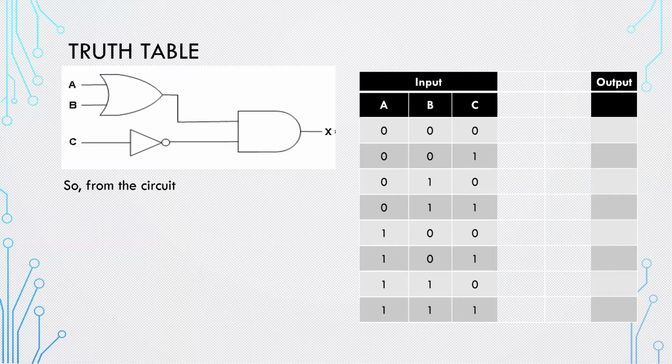In order to find the output relation, we have some intermediate outputs that we want to find to help us find what happened for X. So to find the output for X, you need to know what happened for W and what happened for the second line that enters the last gate.